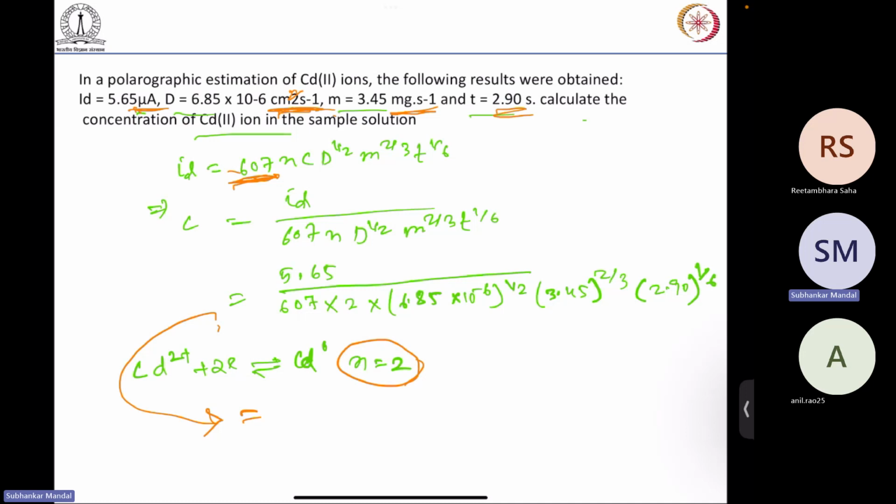Okay, total value, 5.65 divided by answer.